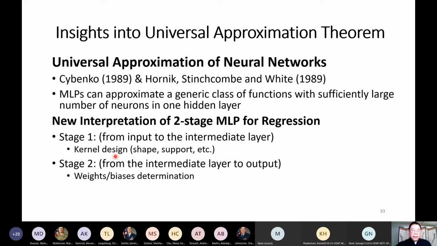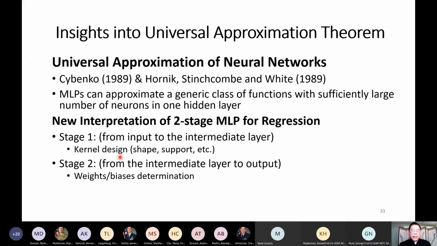And here the kernel design can actually be very generic. In this work, we try to see whether we are able to link the regression MLP with low order piecewise polynomials.